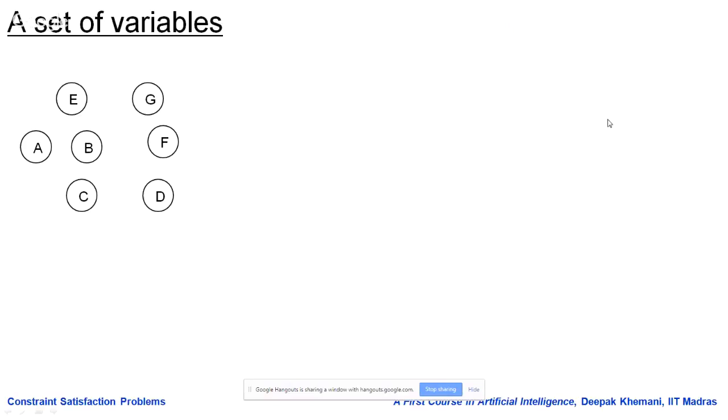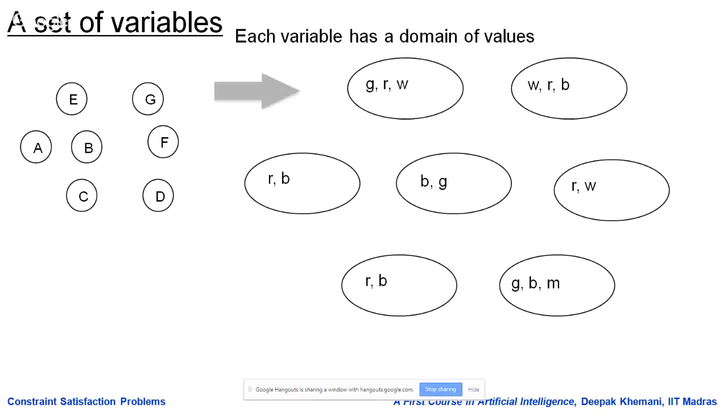So if you remember the definition of a CSP, the first thing you need is a set of variables. In this example we have 7 variables which we have called A, B, C, D, E, F, G. Each variable has a domain of values.